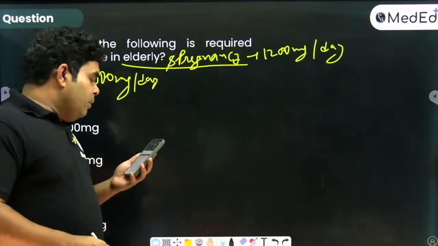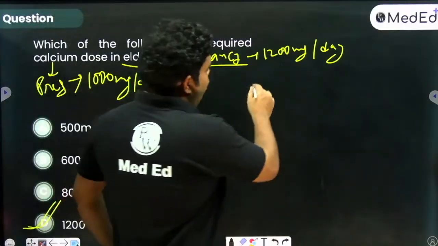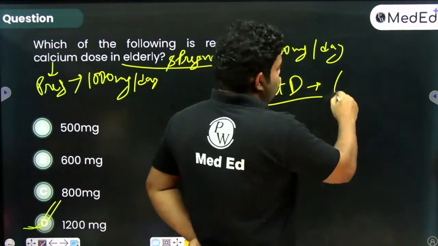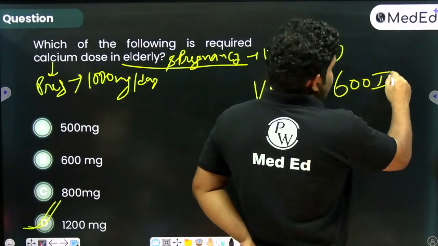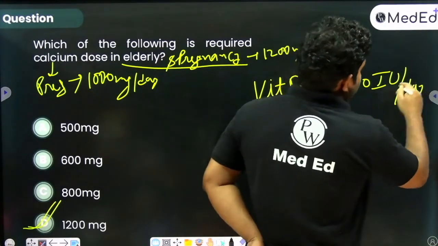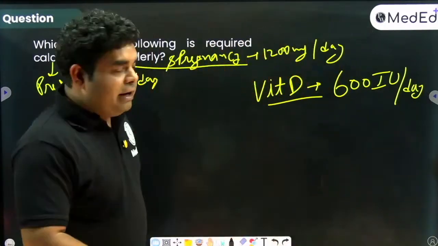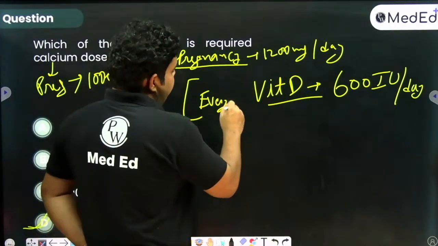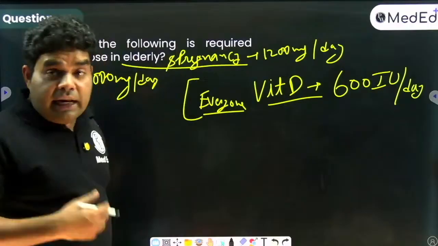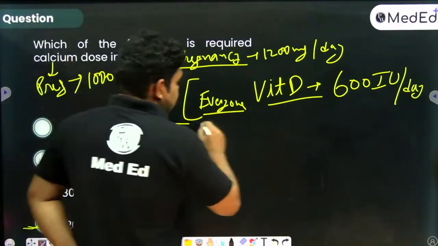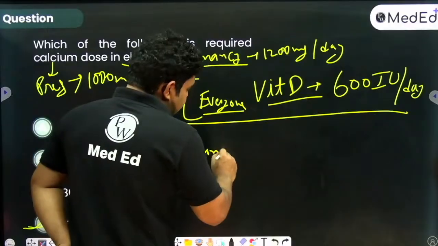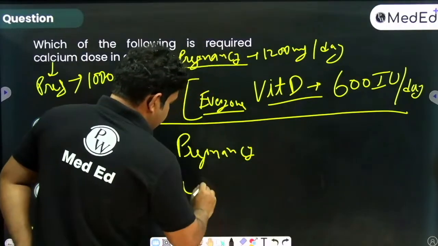The second question they ask from this part is they can ask about vitamin D dose. So vitamin D, whoever they ask about, pregnancy, lactation, old age, young, male, female, everyone needs the same dose, 600 international units, everyone needs the same. Then sometimes they ask about iodine, especially they ask about iodine in pregnancy and iodine in lactation.